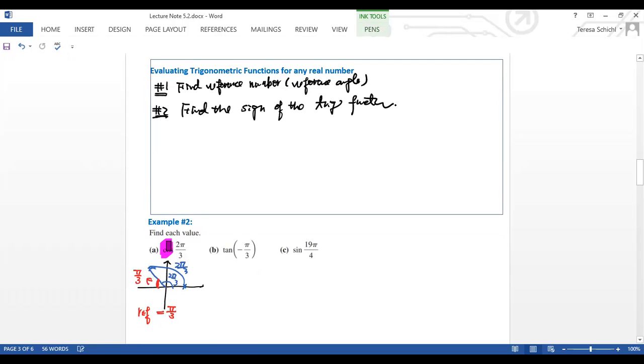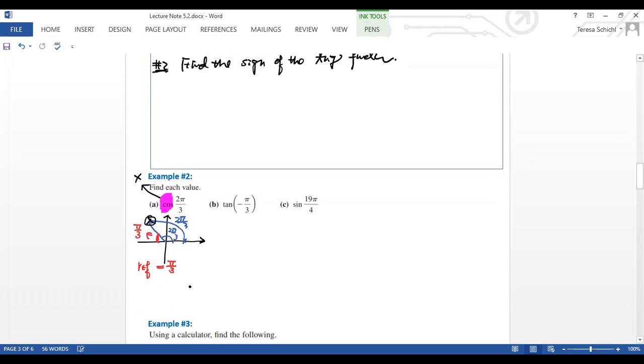I know the cosine is the x value. Here you see this is your terminal point where it stops. Which quadrant is this? This is the second quadrant, so x is negative. So my sign tells me my answer is going to be negative. That's my step number 2.